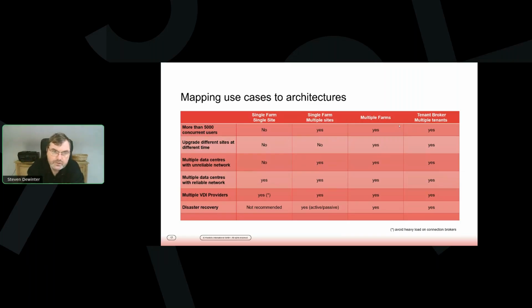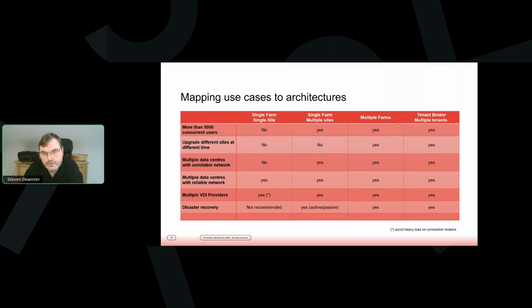It will not break on a single farm, but we generally recommend that you look at other scenarios in that case. Or for example, if you want to do full disaster recovery, you can do that with a single site, single farm, but it's more recommended to use other setups for doing that.